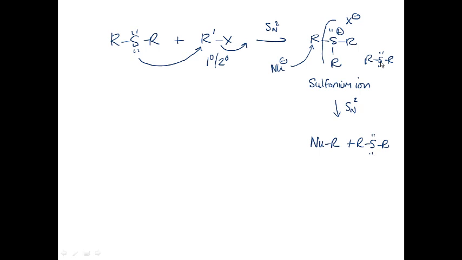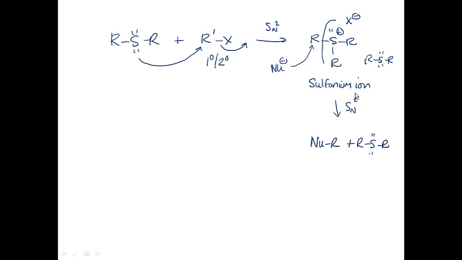This has its limitations because if you have 3 different alkyl groups on your sulfur, then the question is which one would react first. That might depend on sterics. There might not be an overwhelming difference in primary versus secondary.